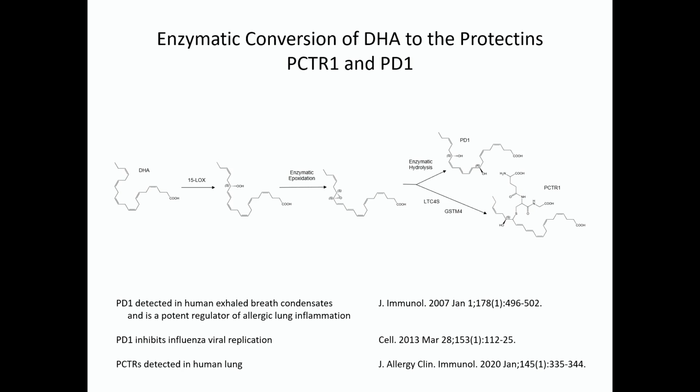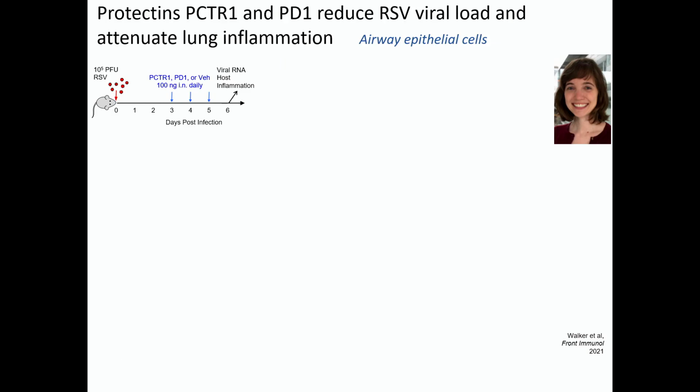Other groups have shown that protectin D1 can inhibit influenza viral replication, and as mentioned, the PCTRs are detectable in human lung.